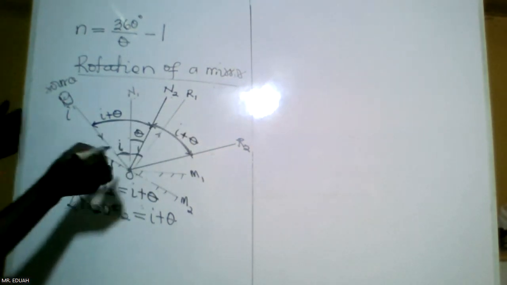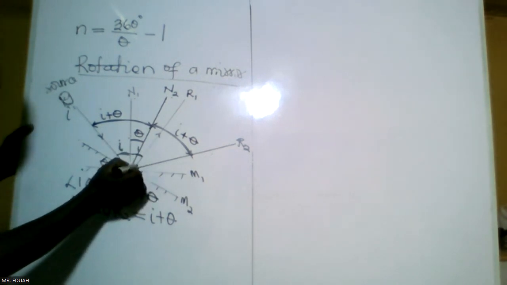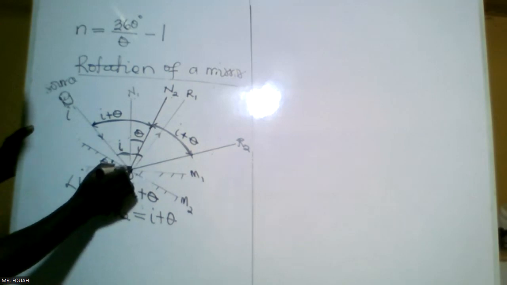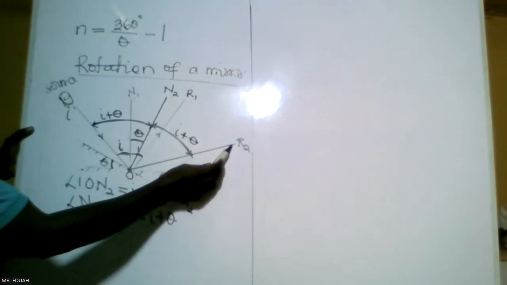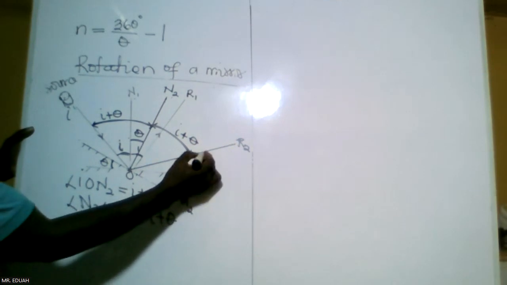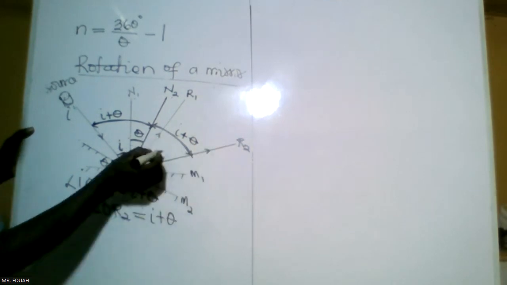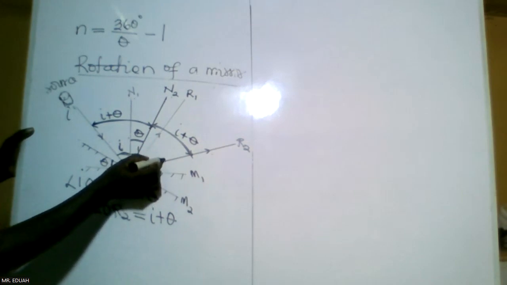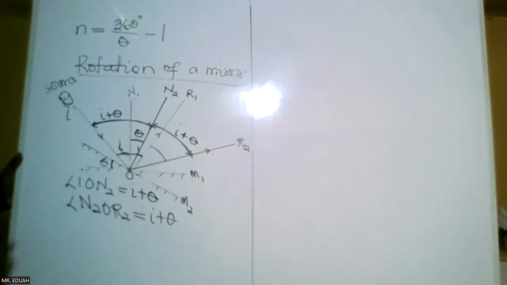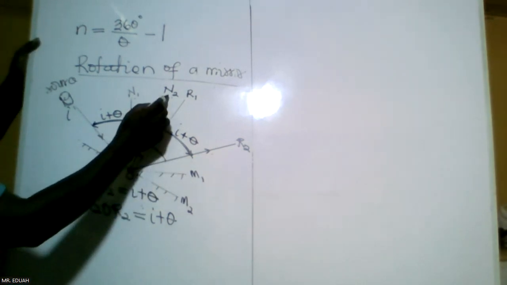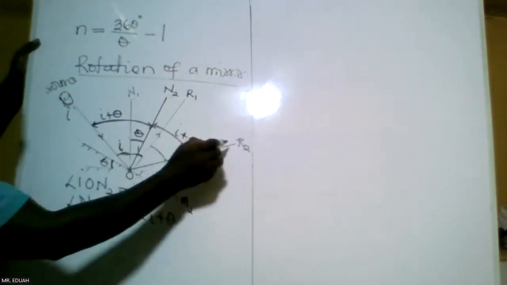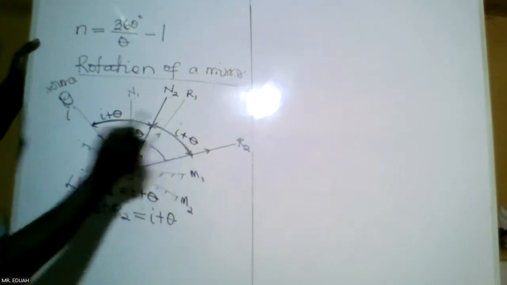The point is that we need the angle between the two reflected rays. When the mirror is not rotated, its reflection is R1. When it is rotated, its reflection is R2. We need this small angle between these. But the good thing is that we know N2OR2, which is I plus theta.